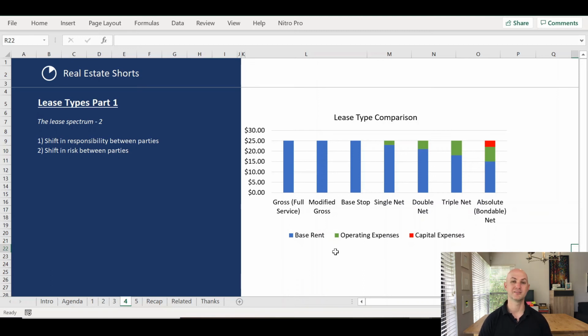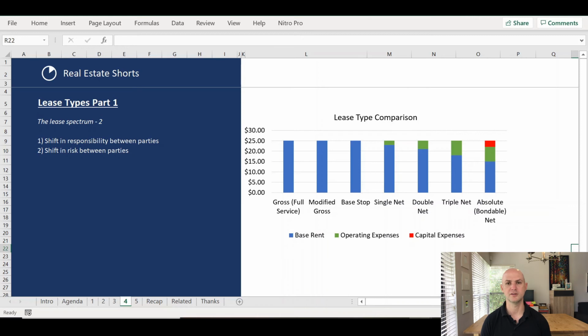So for now, I think the spectrum is probably the main focus of this episode, because it should be obvious now that as you move from one end of the spectrum to the other, let's say from left to right, from gross to absolute net, there is a redistribution of who is responsible for paying different expenses. And therefore, it's also a redistribution of risk and a sharing of risk between one party and the other.